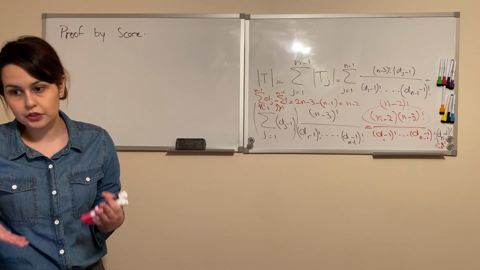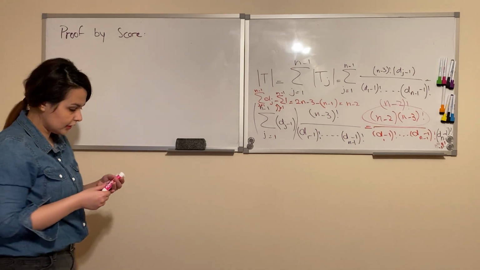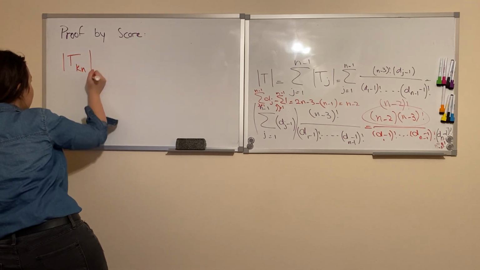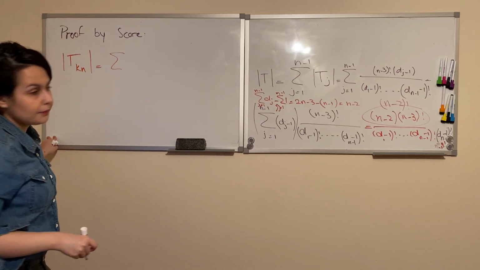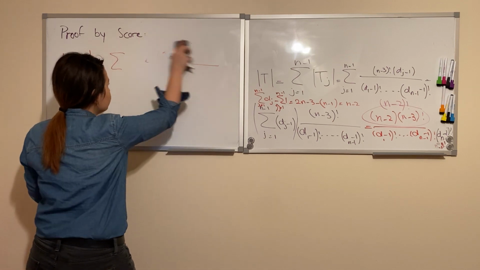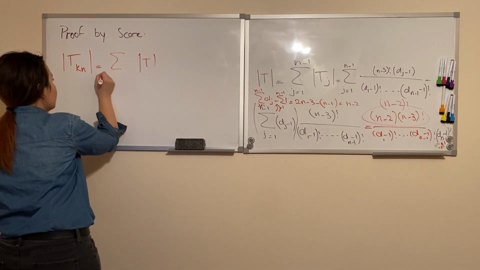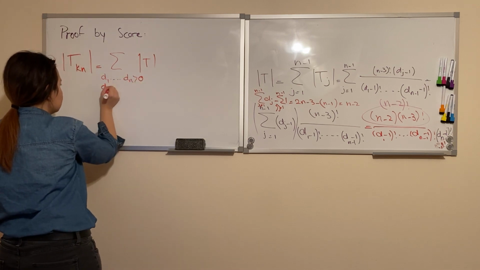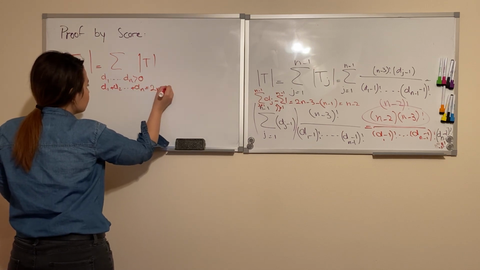But we have different degree sequences. We can have many more, and I need to compute T of K_n here, which is equal to the sum of n minus 2 factorial over d_1 minus 1 factorial all the way to d_n minus 1 factorial, for all the d_1 to d_n greater than 0 with d_1 plus d_2 plus up to d_n equal to 2n minus 2.